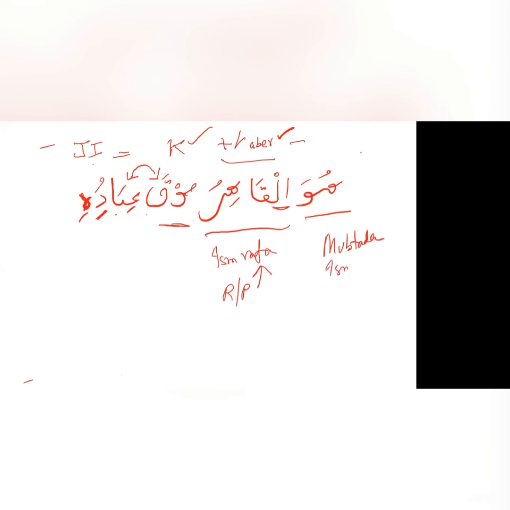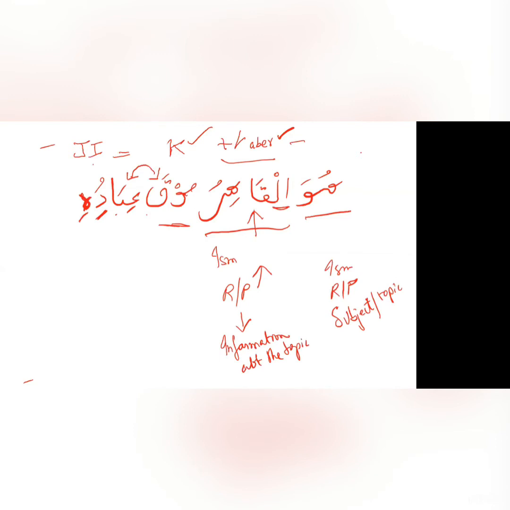Till now, both are isms, both are Rafa and proper. But why can't we take this as a Mubtada? Because this is giving you the subject or topic, and this is giving you information about the topic. So this cannot be Mubtada.